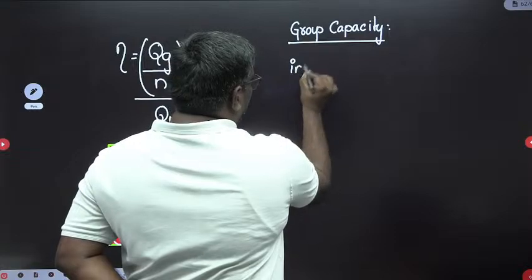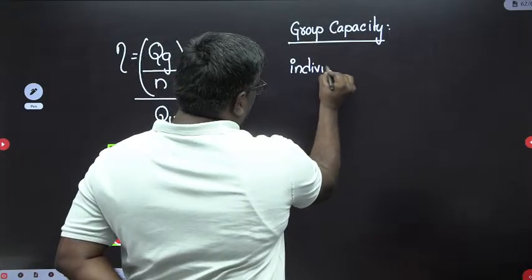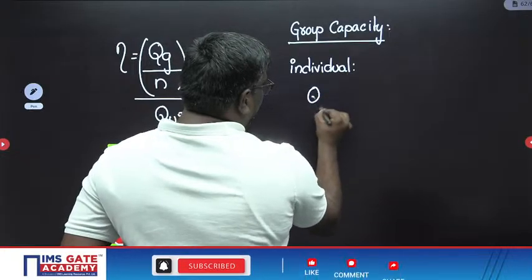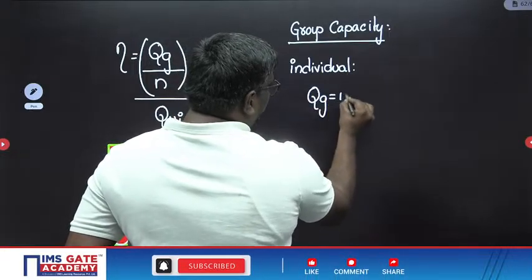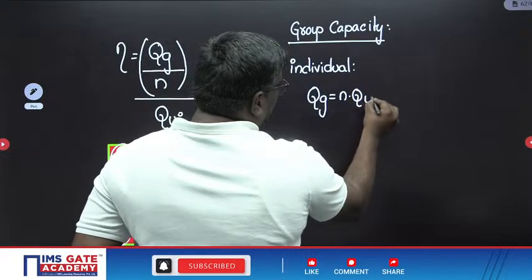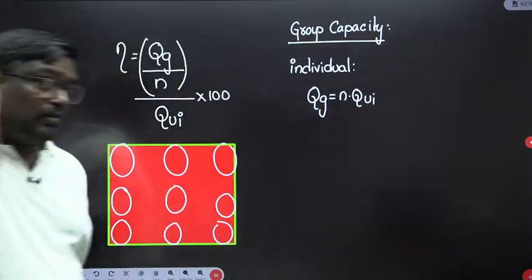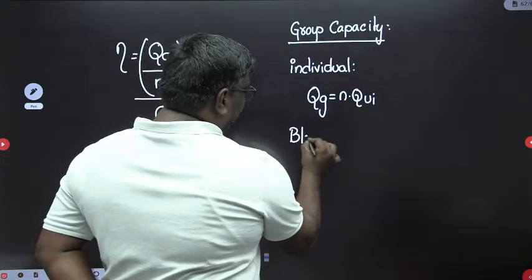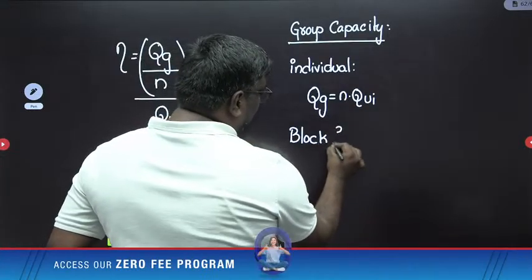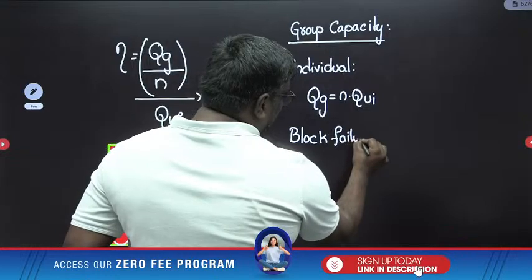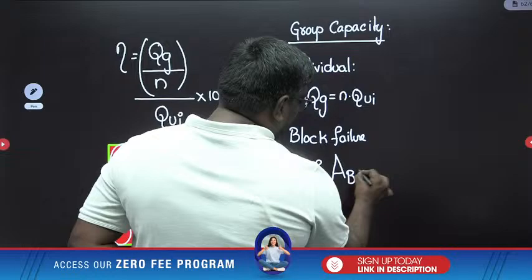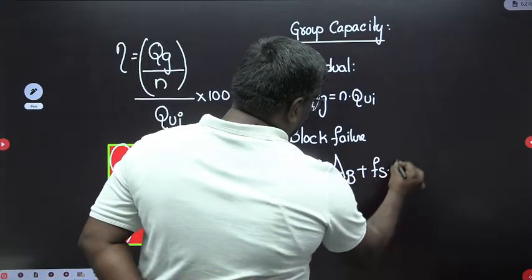One is the individual failure. In individual failure, group capacity can be taken as number of piles into ultimate load of a pile. Okay, whatever the formula. But in a block failure, it will be taken as FB into capital AB plus Fs into capital AS.